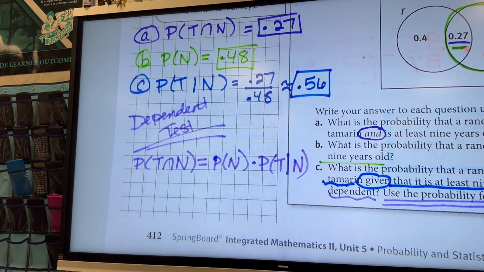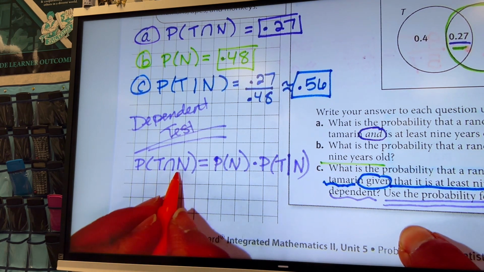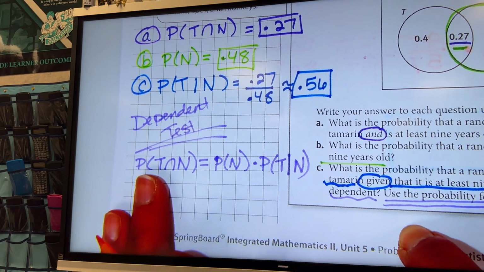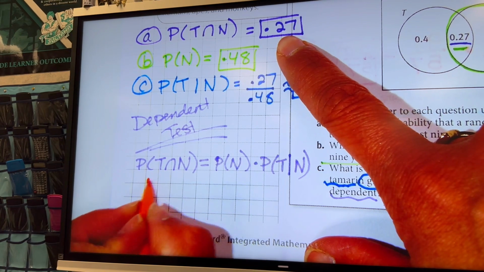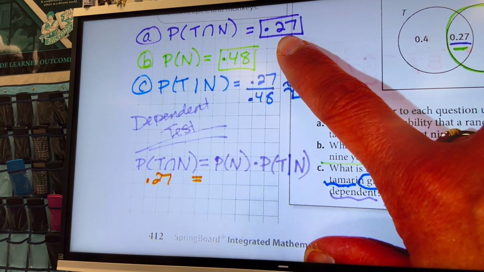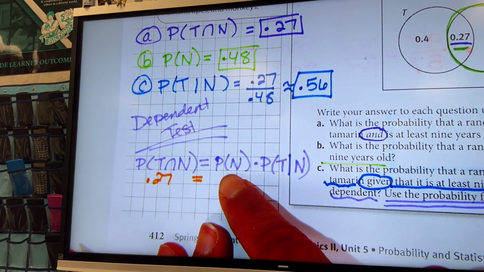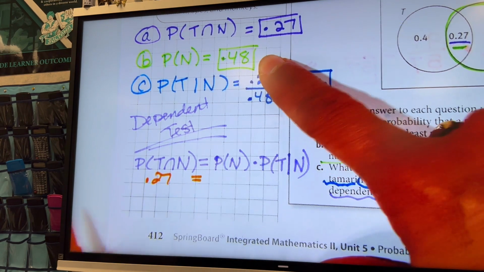Okay, we need to verify that this is going to be true. If it's true, then they're dependent. If it's not true, then they're not dependent. What's the opposite of dependent? Independent, right. So it would be the opposite. All right, so probability of T and N, don't we know what that is? 0.27, right. So 0.27 equals, do we know the probability of N? 0.48, right?